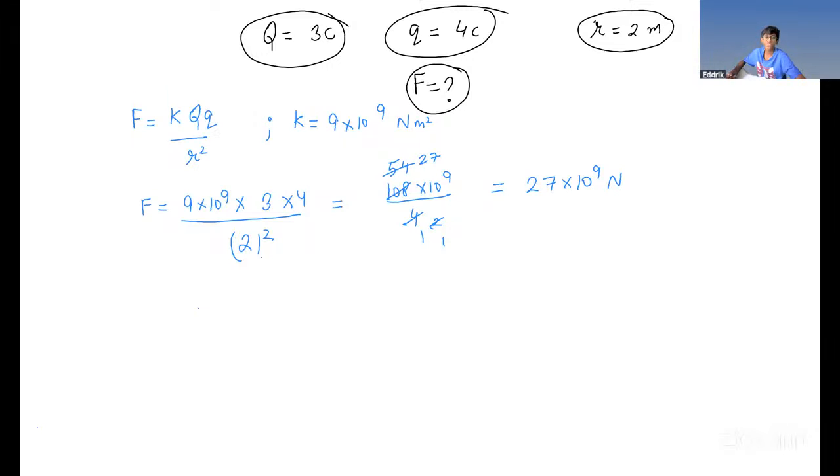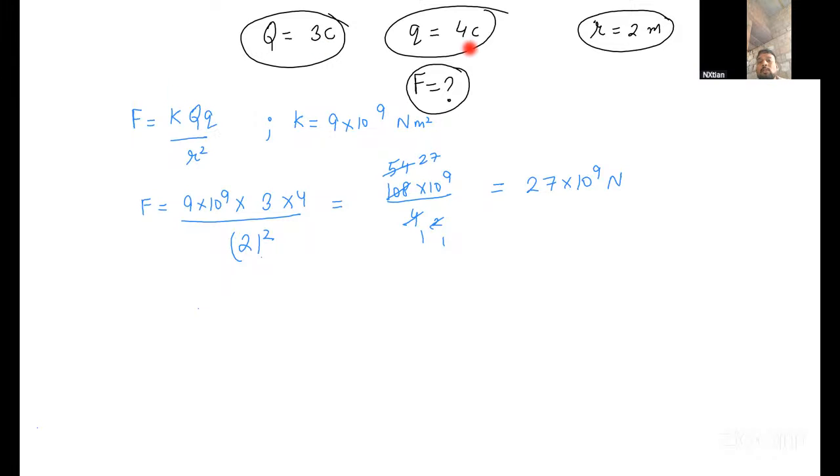Okay, so the charge, okay. No, it can't be 27 into 10 to the power 9, or 2.7 into 10 to the power 10. It can be like that only because the 3 coulomb is too high.